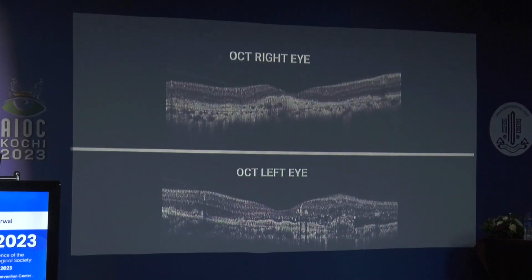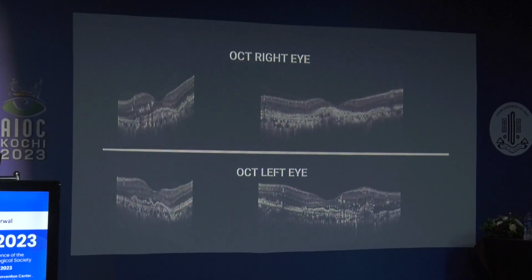OCT right eye shows scarred CNVM. Left eye shows CNVM with cystoid edema and subretinal fluid.